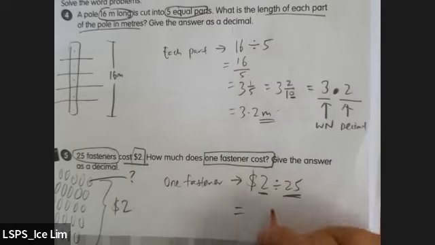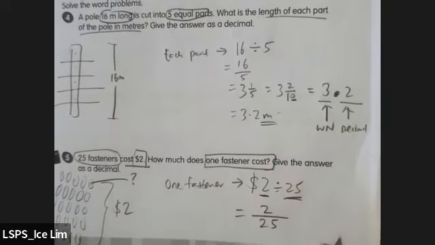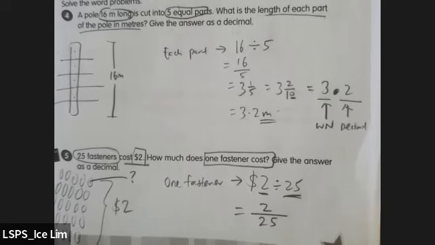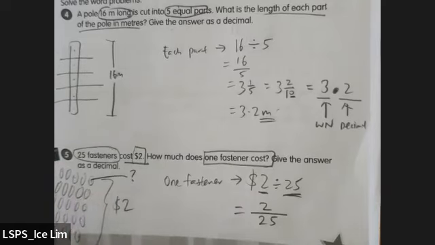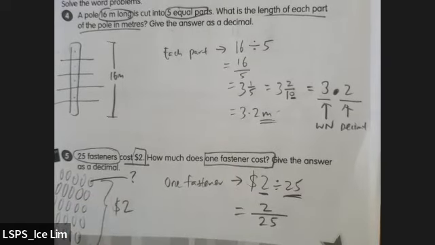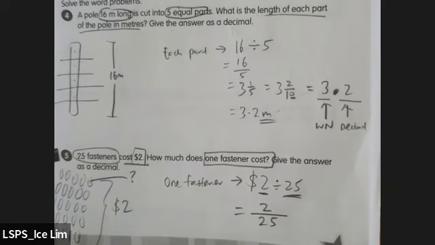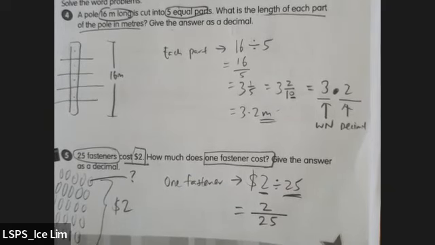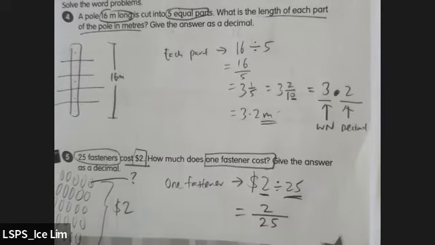So actually what happens is that you get a decimal or you get a fractional part. That means it's less than $1. The fastener cannot be more than $2. If you use 25 divided by 2, it's $12. That doesn't make sense at all. You're saying that a fastener is $12 when 25 is $2.